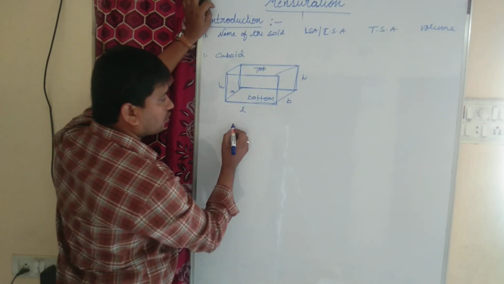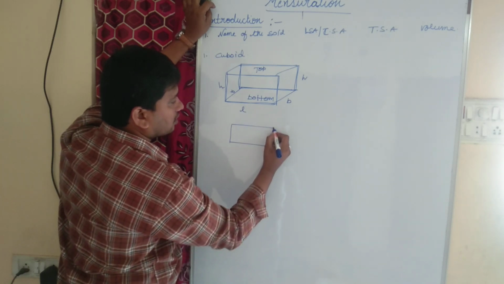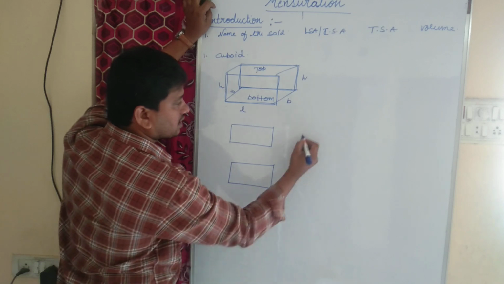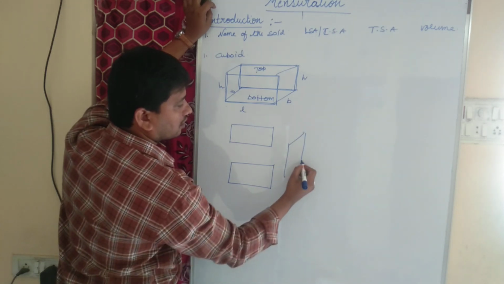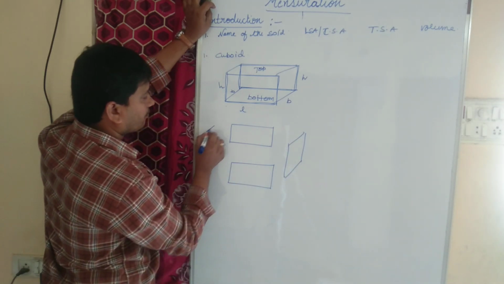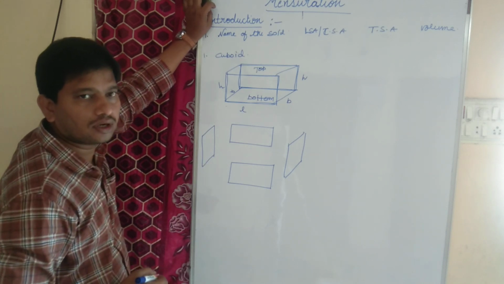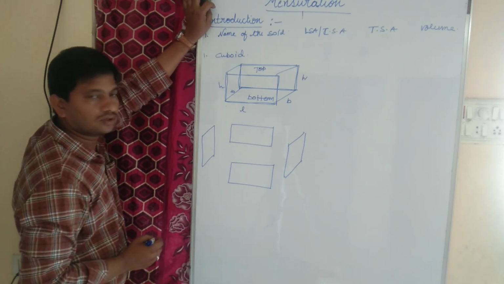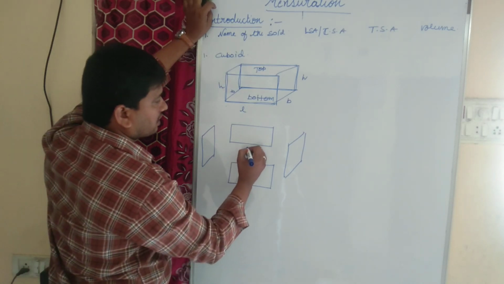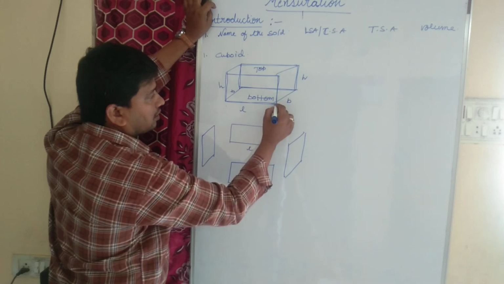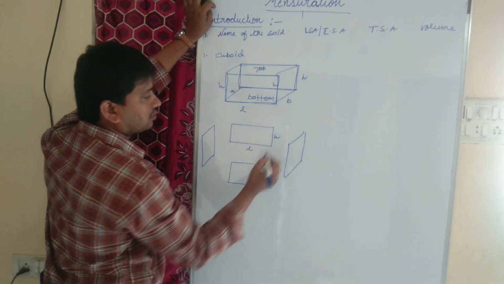So we have to consider only four faces: front face, back face, left face and right face, right? So this is our L and this is our height.